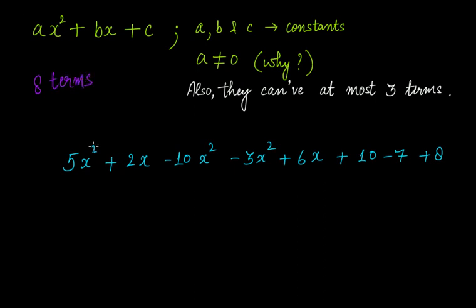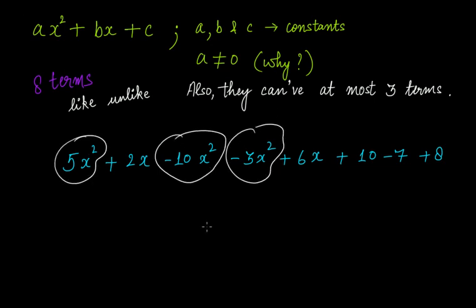You can look at this x squared, and x squared, and you can say that, hey, yes, it is a quadratic polynomial, but it has 8 terms. No. Why? Because you have to remember the concept of like terms and unlike terms. Now in this case, 5x squared, minus 10x squared, minus 3x squared, these are like terms.